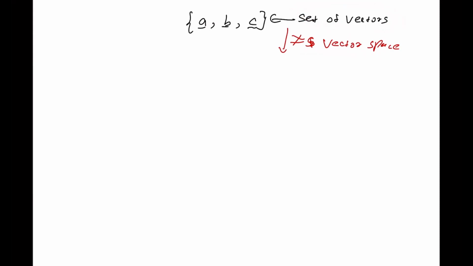But a vector space is not only just a set of vectors. It has to satisfy those rules in order to become a vector space. That's the key difference. Also, by having this in mind, we define something we call a subspace.